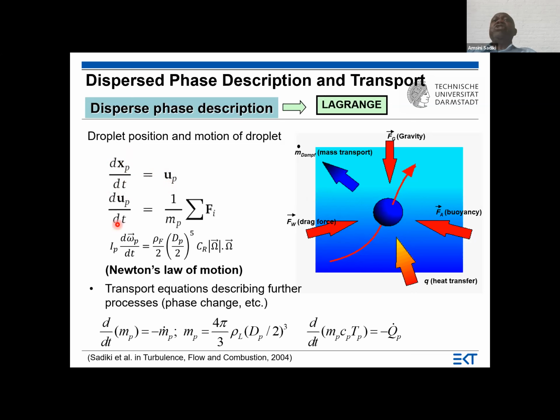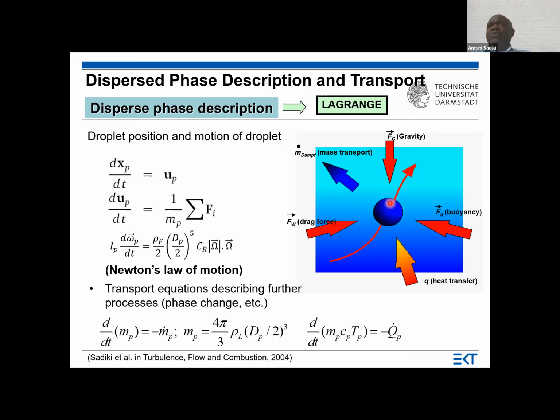And the variation of the velocity, let me say the variation of the momentum, is given by the sum of all forces acting on this particle. So if this particle has a possibility to rotate, then we have also this angular momentum as we have here, and we have the moment. We'll come back to this later.